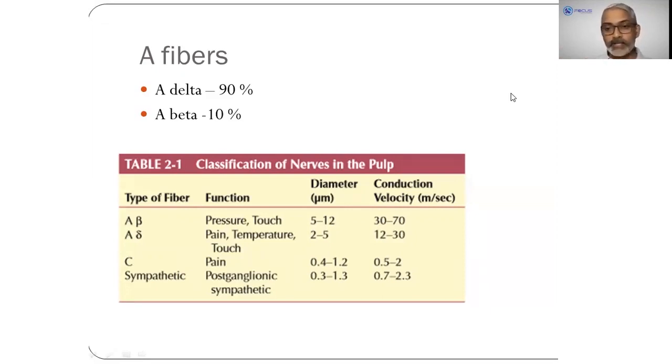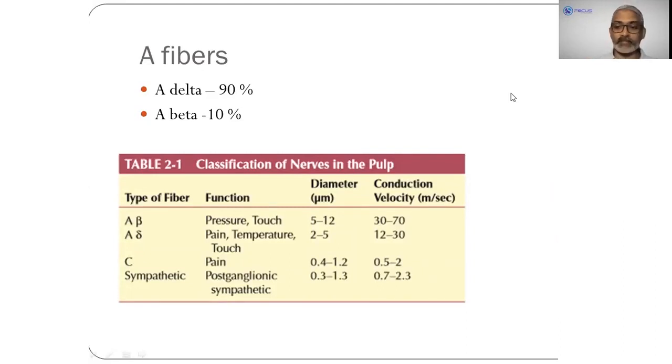So it's not a slow conduction. You might have experienced this in your day-to-day practice. Like when you take the air rotor from the cradle, you might not have kept it inside the patient's mouth. Before itself, the patient will complain of sensitivity. Doctor, it's already paining. Why? That is mainly because of the presence of these A delta fibers.